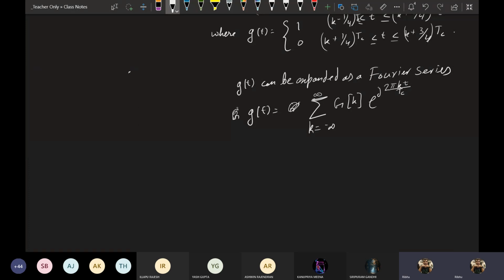Right? So is this the only form of Fourier series that you have studied, or have you studied some other form as well?